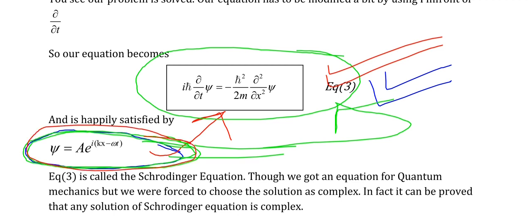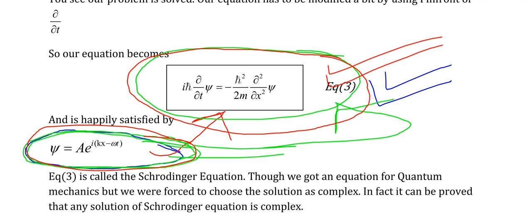So the problem is, we retrieved equation 2 from a basic equation that I call the Schrodinger equation. Equation number 3 is the Schrodinger equation, but the moment I find an equation that is compatible with equation number 2, I had to take the solution for the wave function of the electron as complex.